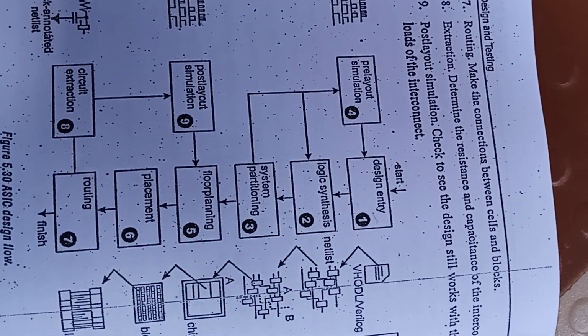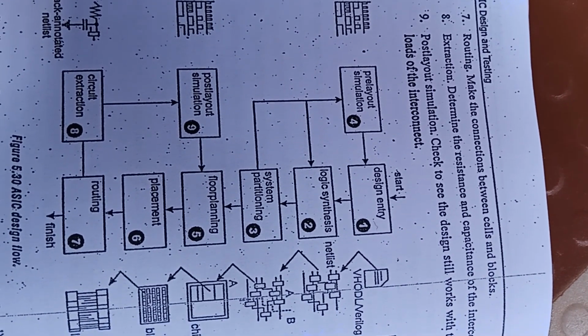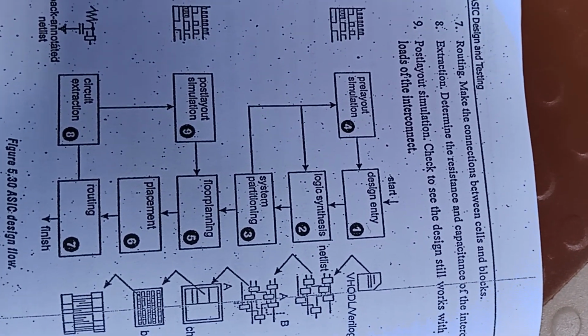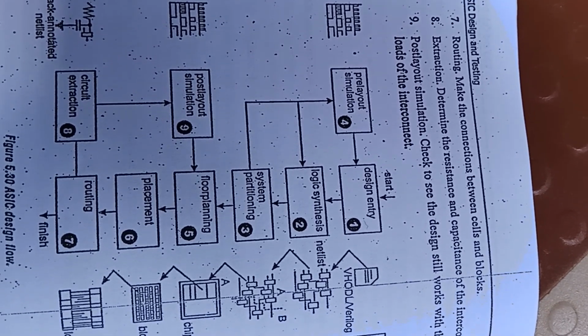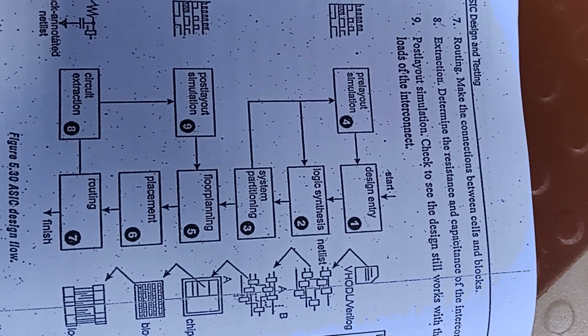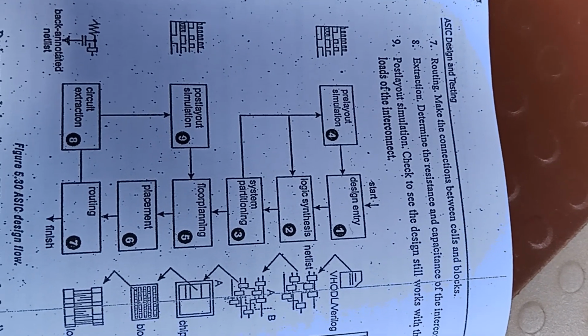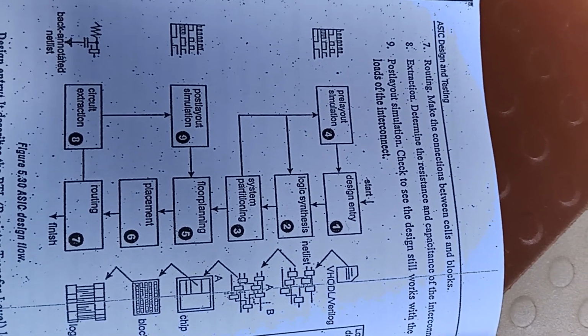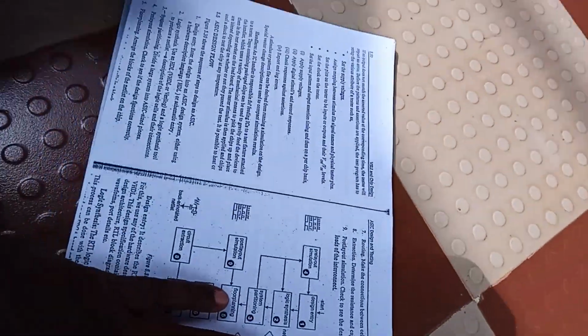And routing, we are interconnecting all the devices, that is called routing. And circuit extraction. And post layout simulation, after the arrangement, we have the post layout simulation. Earlier, before doing the layout, we can also do the simulation. So that is pre layout simulation. So this is the design flow for the ASIC.